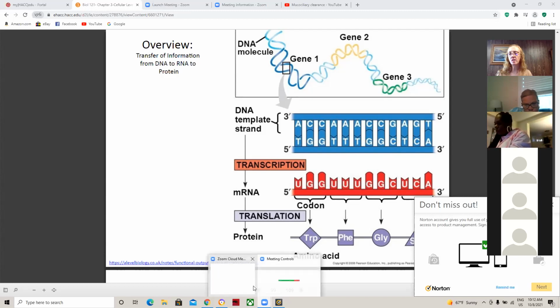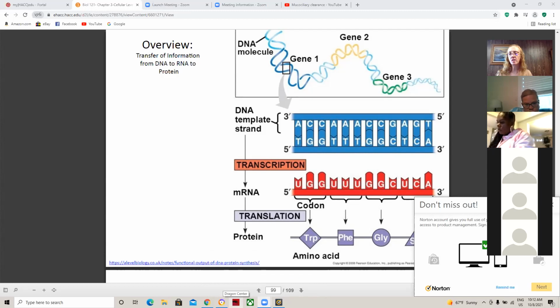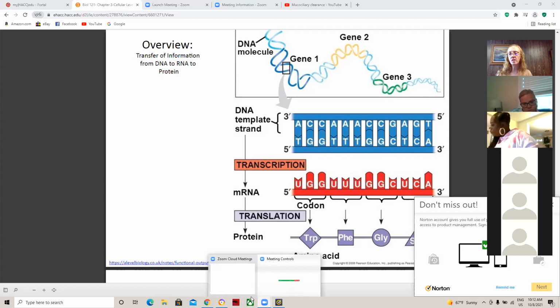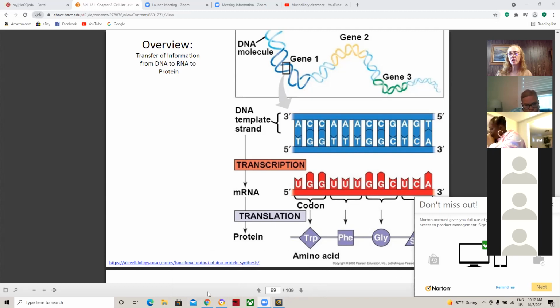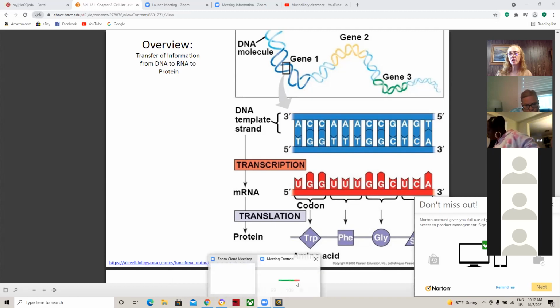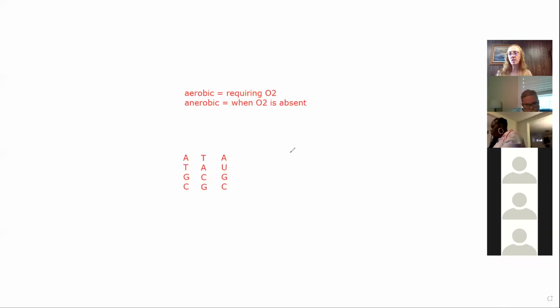The genetic code, or the code that the mRNA is read into for proteins, is a little different. It gets read as three base sequences called codons. So AUG codes for one amino acid.